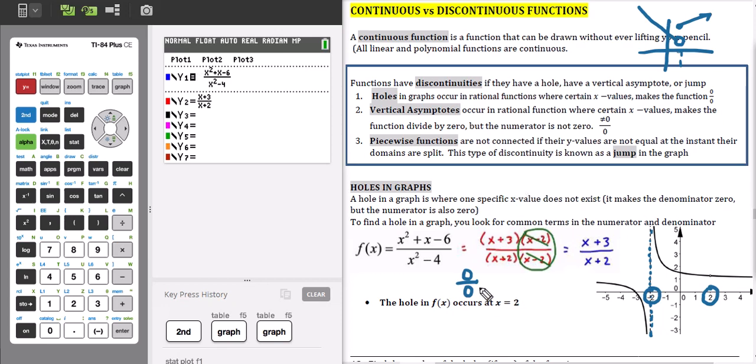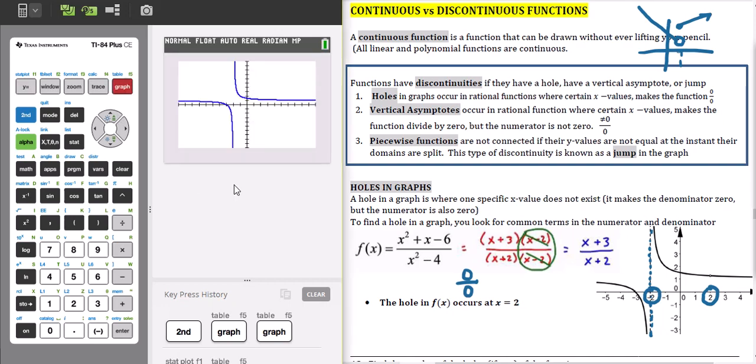But for right now, let's take a look at your graphing calculator and how you can see some of this happen. I typed in the function right here in the y1. Let's hit graph. You can easily see the -2 vertical asymptote, but you cannot tell at 2 that there's a hole here.